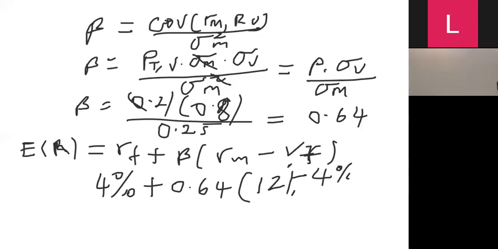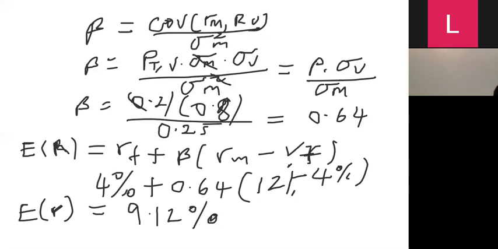So our expected return in this case is equal to 4 plus 0.64 times (12 minus 4), which gives you 9.12%. So that is using the CAPM.